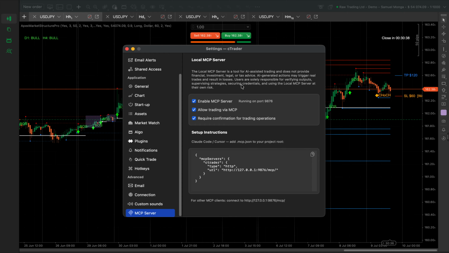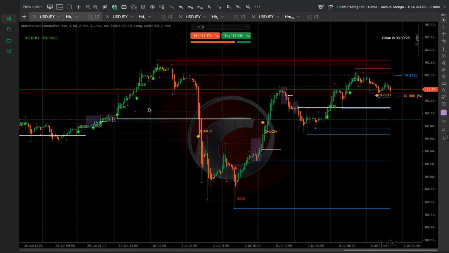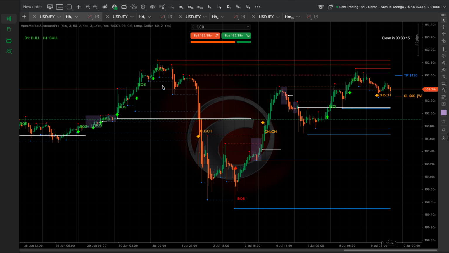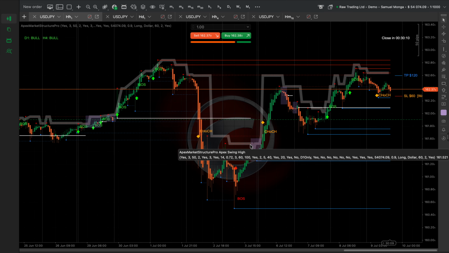So if you have allowed your cTrader to work with an artificial intelligence and you have configured your MCP server, then this is going to be useful to you. It means you need to have a subscription for Claude so that you can have Claude reading this indicator to you, even helping you use it better, or also using it for itself. It can trade for you if you allow it to do so.